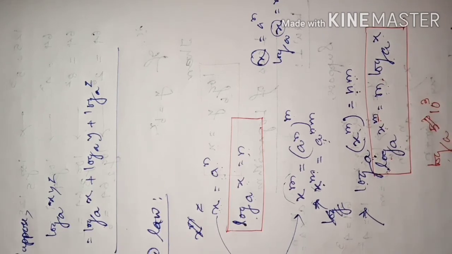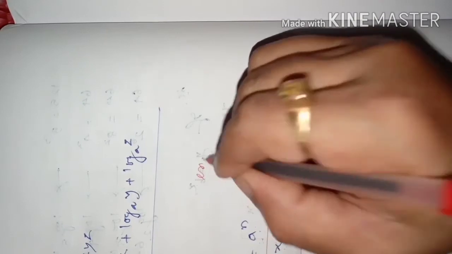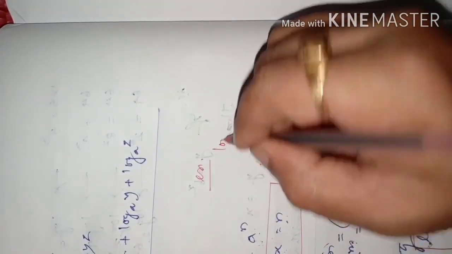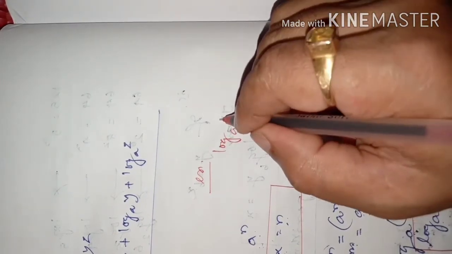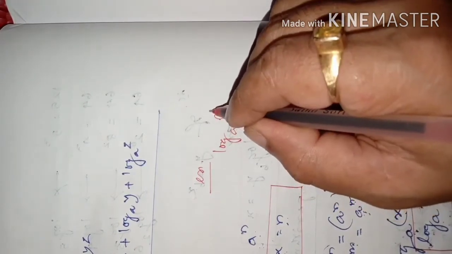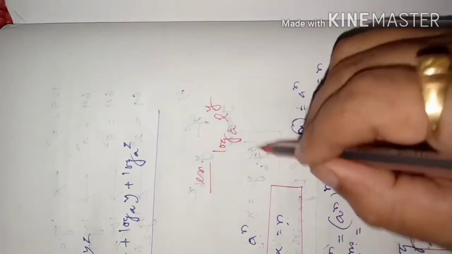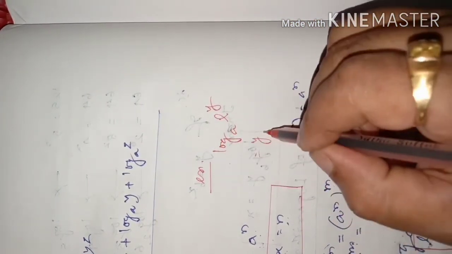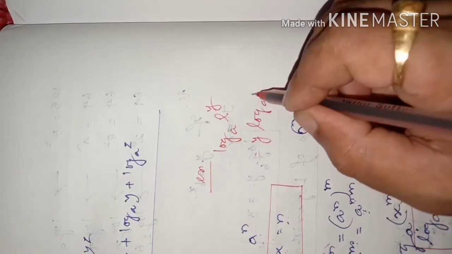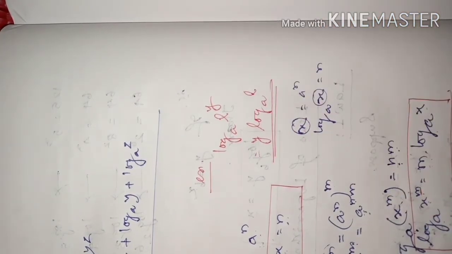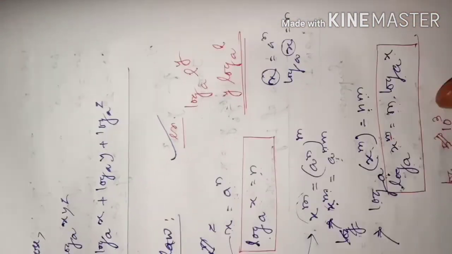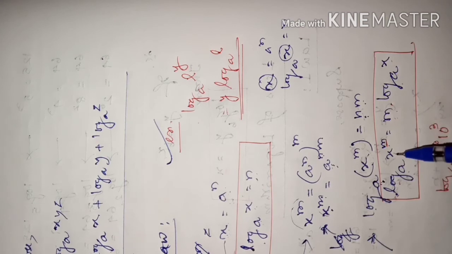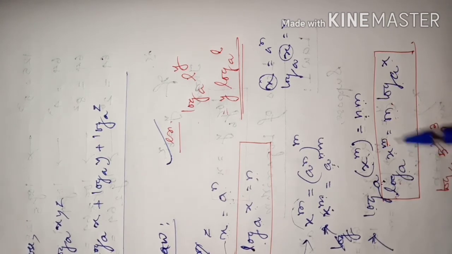One more example I am giving you. Suppose you have a question like log to the base a of L to the power of y, then this power will go to the left hand side: y log to the base a of L. So this is the application part. The second law says that whatever the exponent, if you are taking the logarithmic value of an exponential form, that exponent will go as a coefficient there.